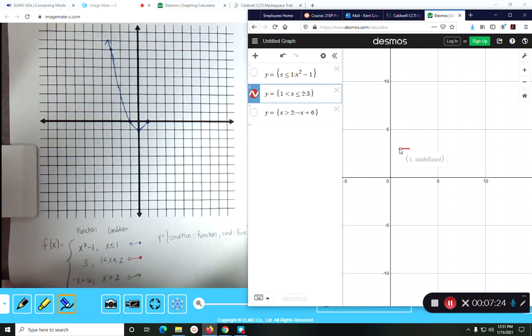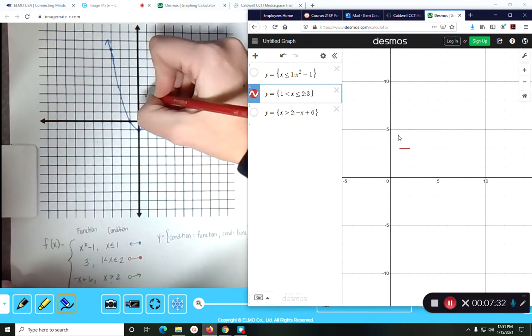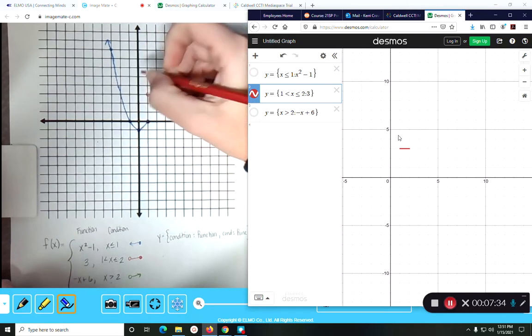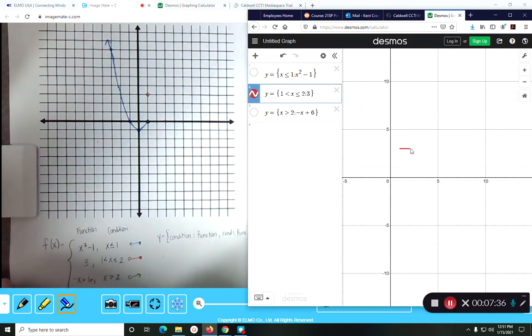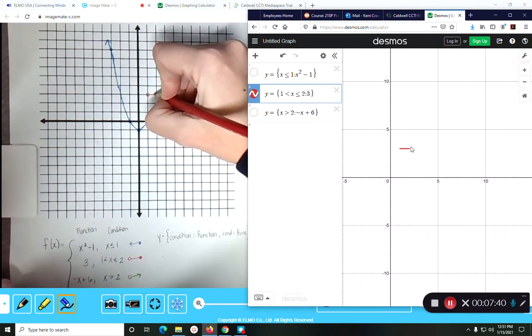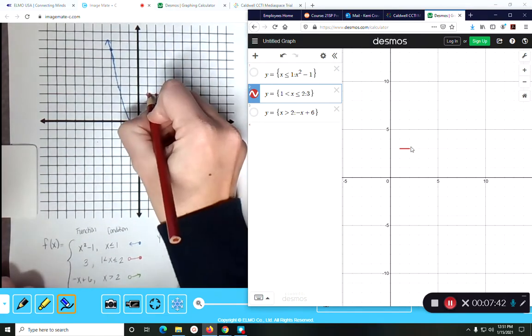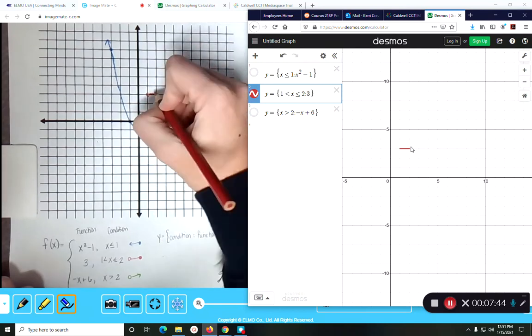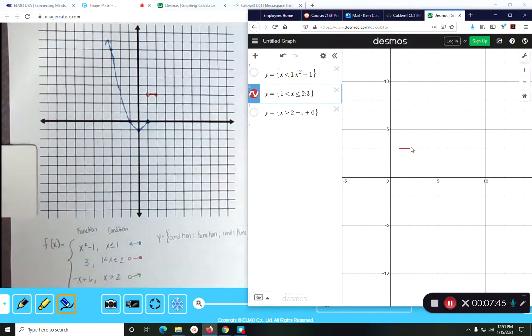Undefined means it's not included, and it showed me a little open circle there. So at the point 1, 3, I'm going to put an open circle. So 1, 2, 3, open circle. And then this end is at 2, 3, and that's a closed circle. And in between it's just flat, so I just have a little flat piece right there connecting the open circle and the closed circle.